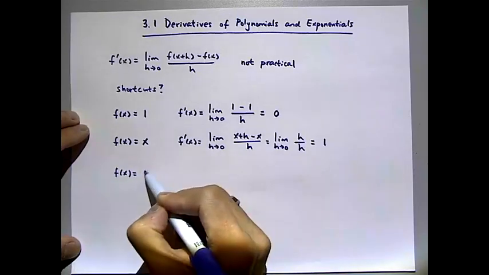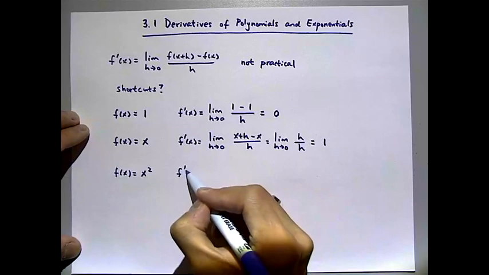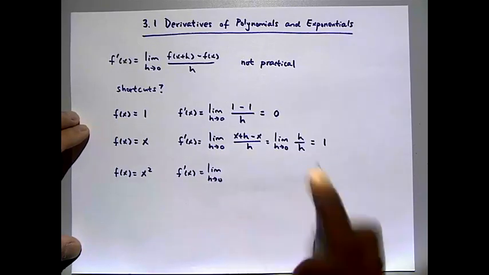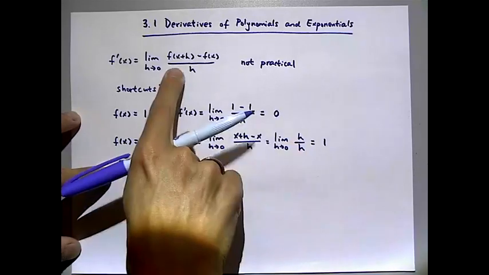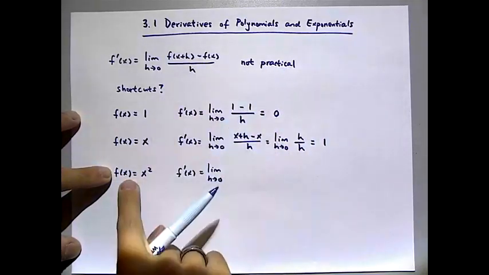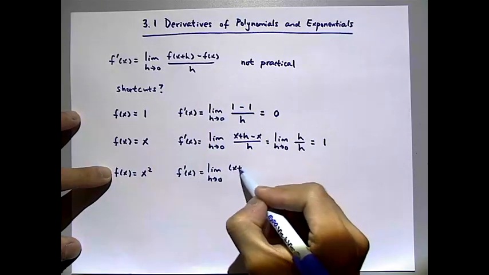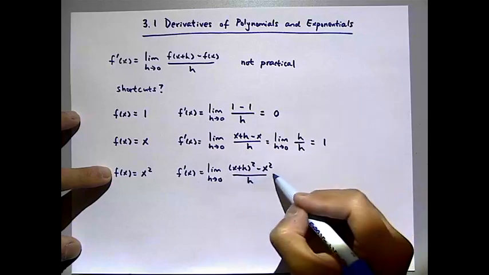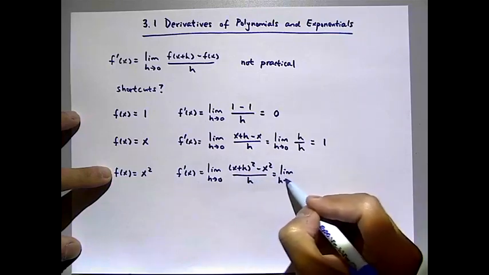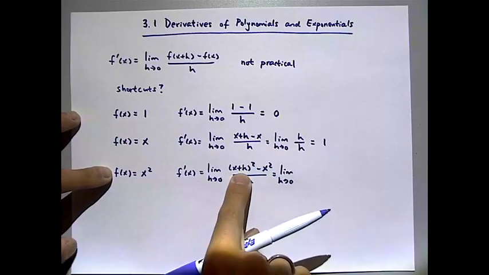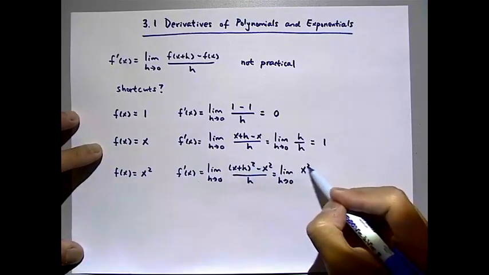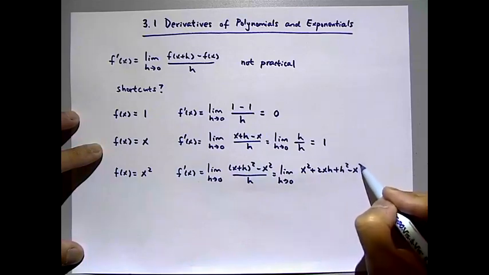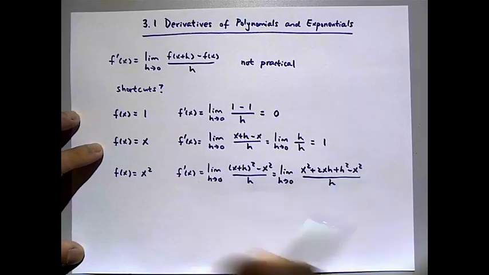Let's bump it up to x squared. Okay, so if f of x is x squared, then x plus h goes in here. This becomes x plus h, the quantity squared, minus x squared, over h. FOIL this out, we get x squared plus 2xh plus h squared minus x squared, all over h.